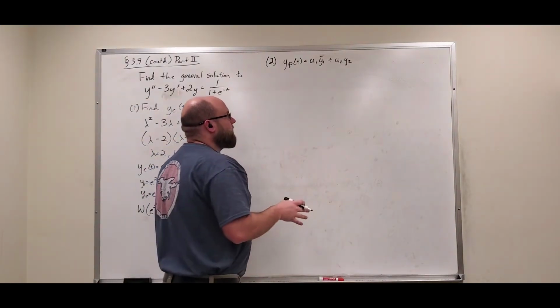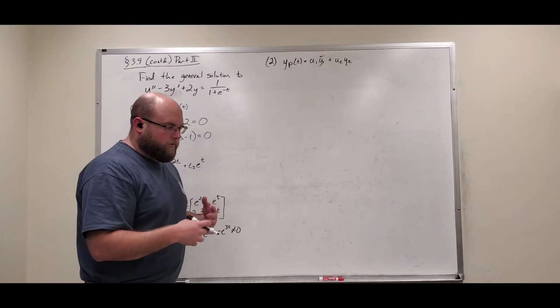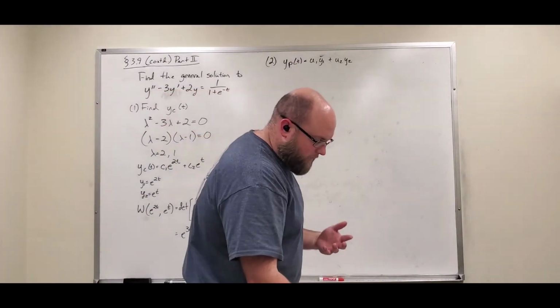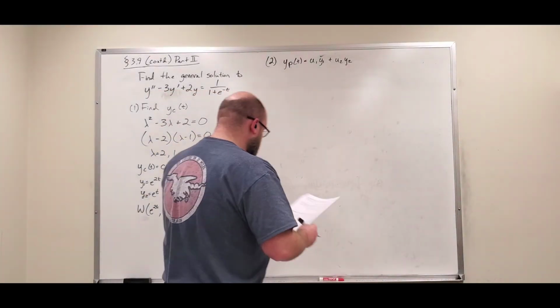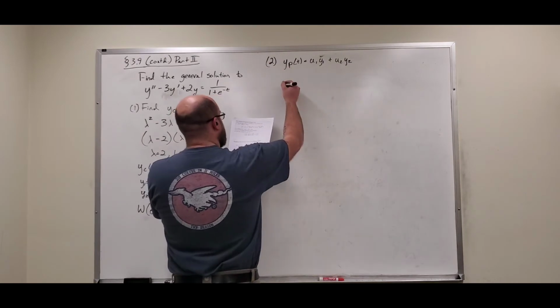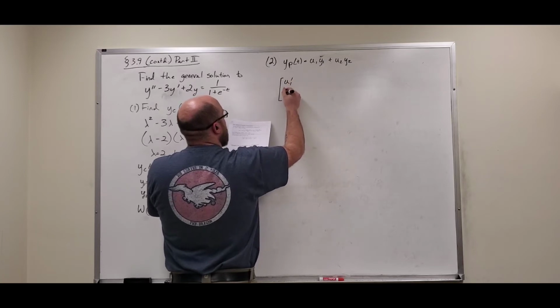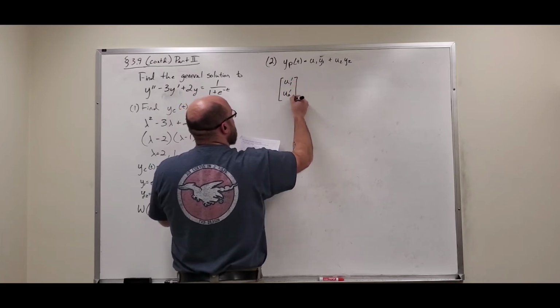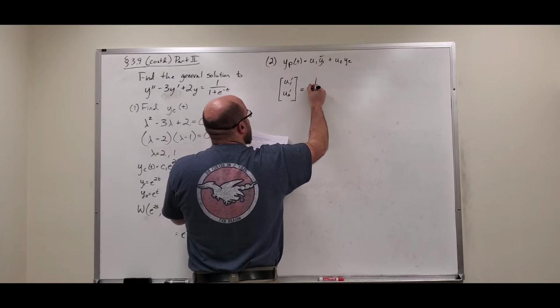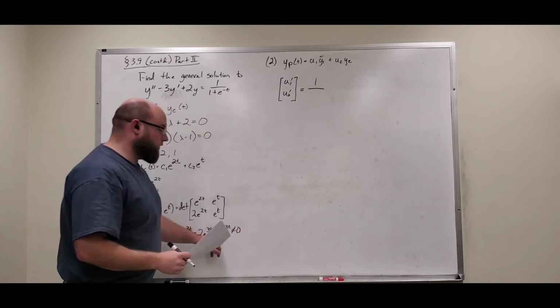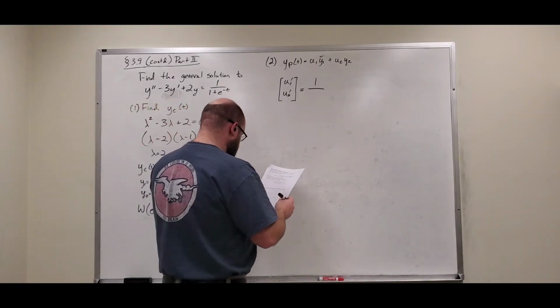So the way you can start this is not having to reinvent the wheel. So start back where we're dealing with the matrices. All right. So a better way to write this is we already know that we're looking for u1 prime, u2 prime. And we're going to equal that to 1 over our Wronskian, negative 3e to the t.